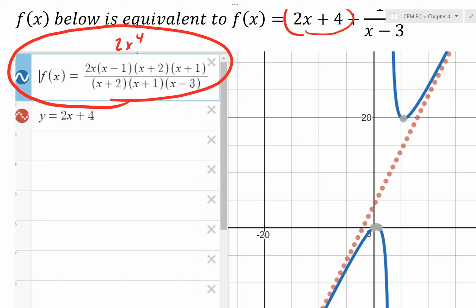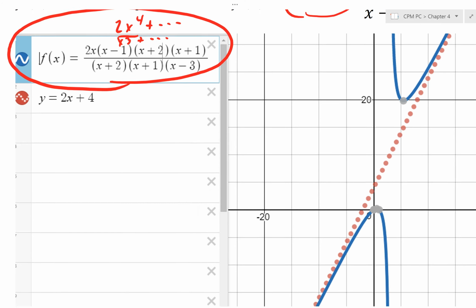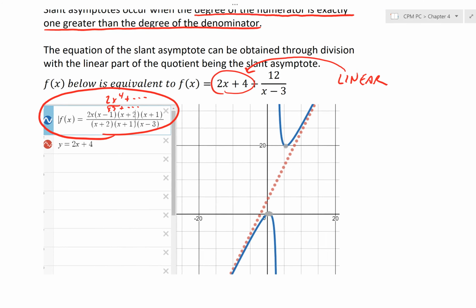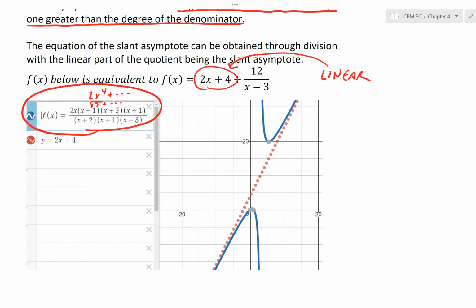And then in the bottom I have x times x times x is x cubed, so we're going to have other stuff added onto that obviously, but we see that the degree of the top is 1 higher than the degree of the bottom. And so what you do then to find the slant asymptote is you do long division, and we'll do that on one of the examples coming up.